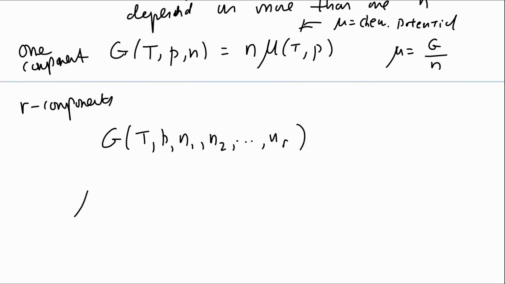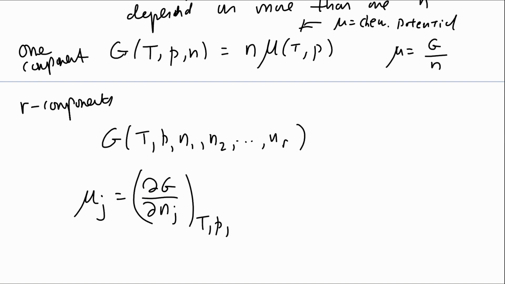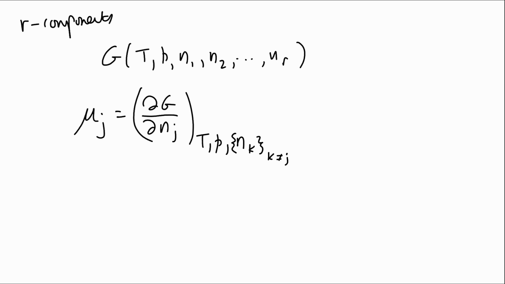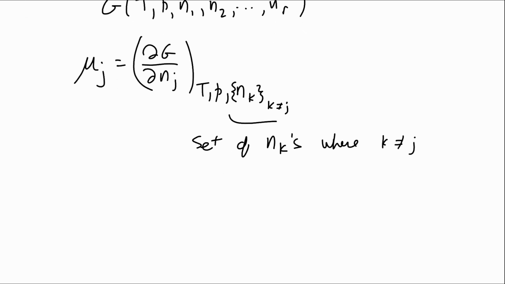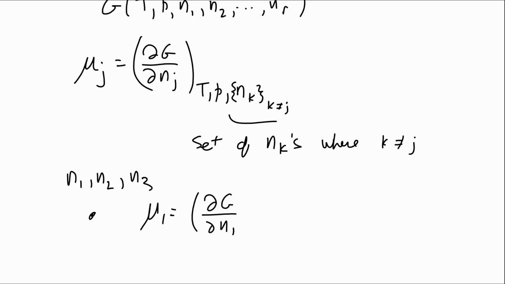And now my chemical potential, mu sub J, is going to be the derivative of G with respect to N sub J, and I hold T and P constant, but I also hold N sub K constant, where K is not equal to J. So for instance, if I have N1, N2 and N3, a 3-component system, then mu1 will be partial G, partial N1, at constant T, P, N2, and N3.